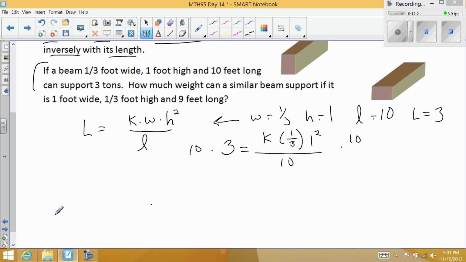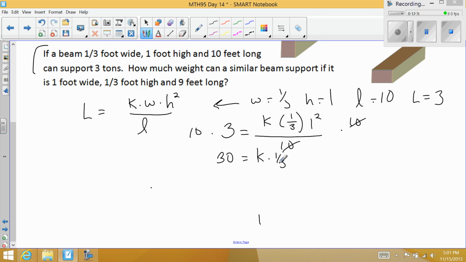So that gives us 30 equals, the 10's cancel here, k times 1/3 times 1 squared is 1, and 1/3 times 1 is still a third. So k times 1/3. And then to clean this up, I'm going to multiply by 3 this time, because 1/3 times 3 is 1, leave me just k over here on this side of the equation.